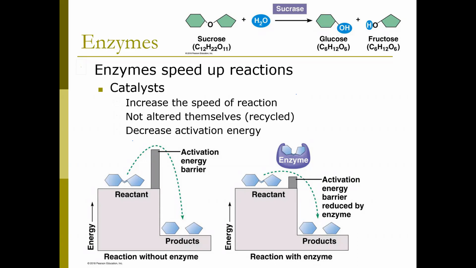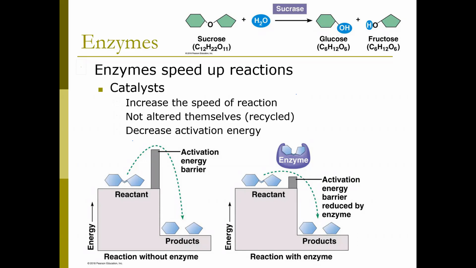So there's this activation energy barrier that's in place. If we lower that activation energy, such as by adding a spark from a match, or maybe an enzyme, then the energy barrier is lowered. So that gets the reaction going and speeds it up.